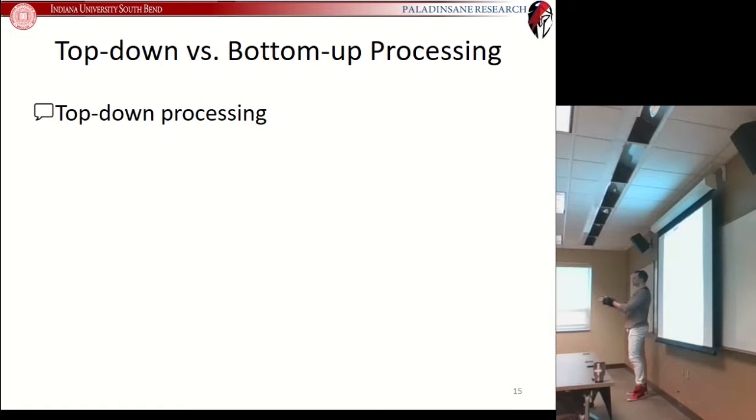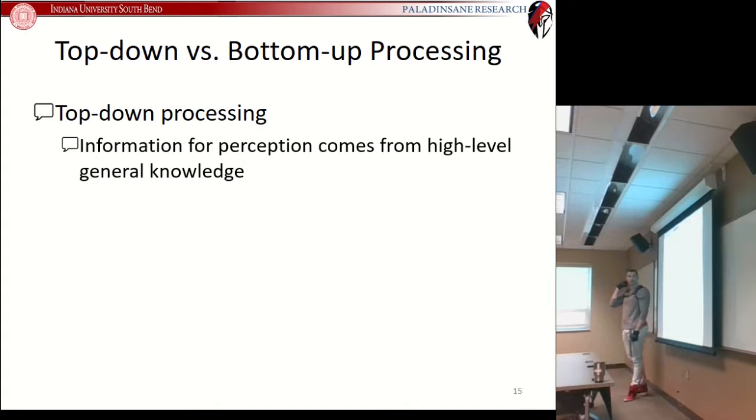It's the information for perception that comes from higher level knowledge. So things like memory, things like reasoning, things like previous experience, knowledge of your culture. All of that is kind of a top-down processing system that gets added to whatever that external stimulation is.